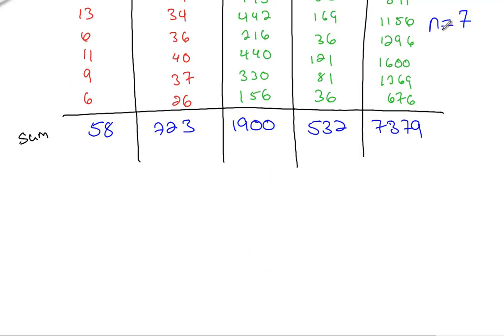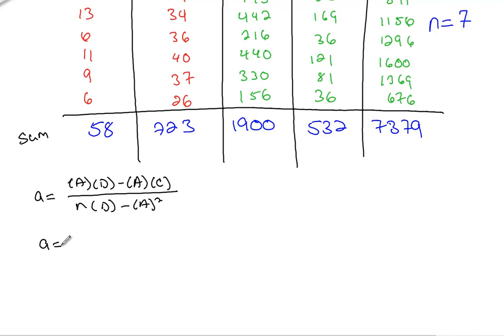And so these sum numbers, and this n, are what I need to find my A and my B. So let's start with A. And A was the column A times column D minus column A times column C, divided by n times column D minus column A squared.